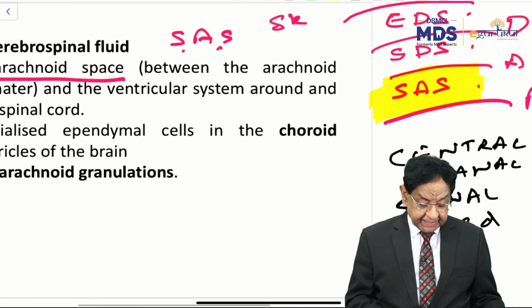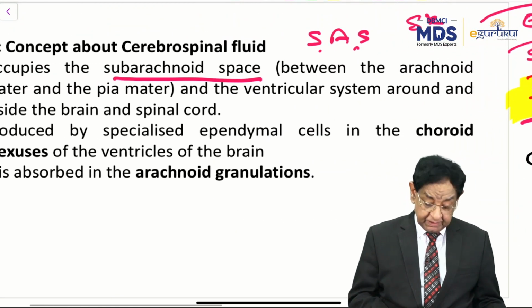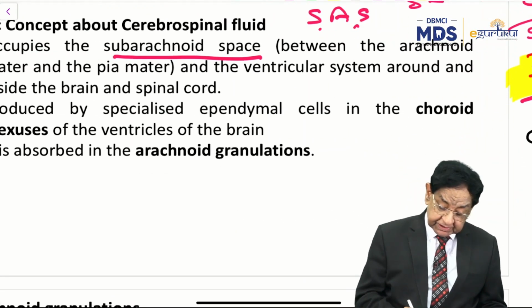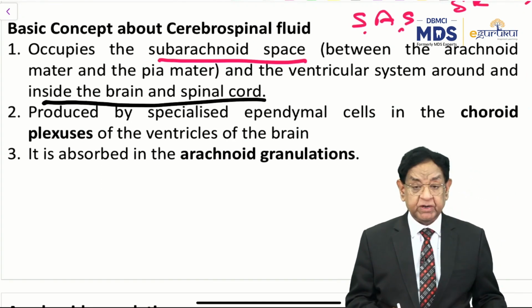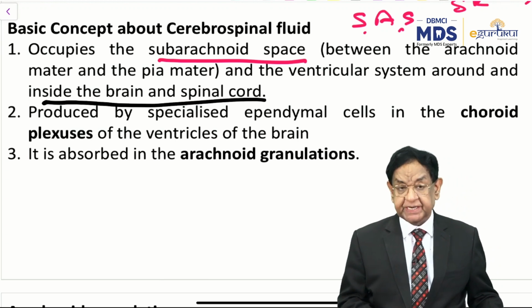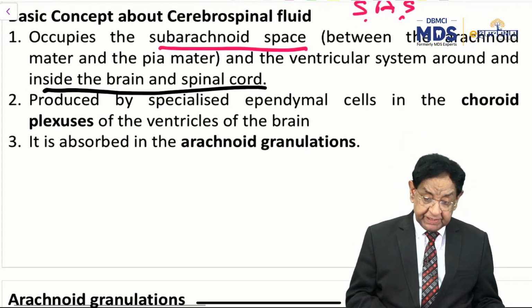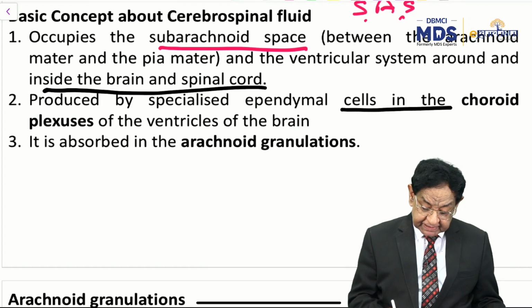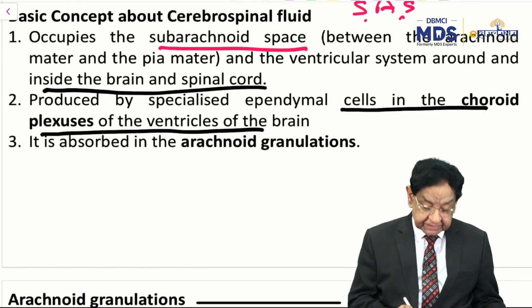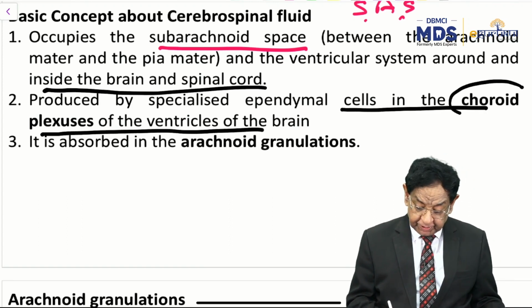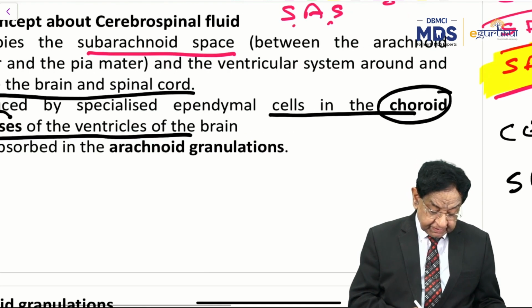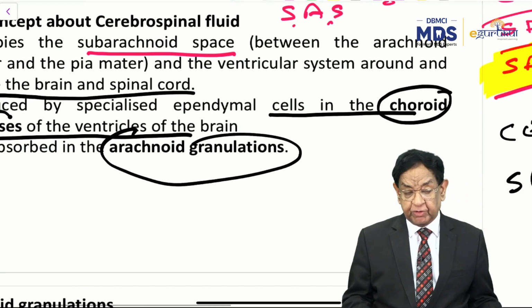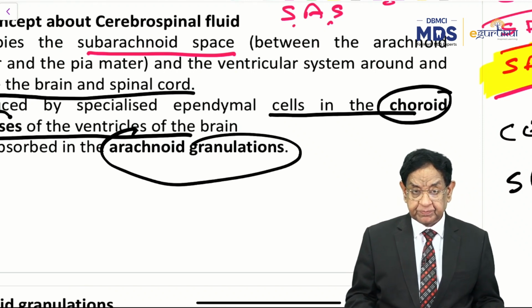So with this basic anatomy, it also lies in the ventricular system inside the brain and the spinal cord, which I told you, central canal. It is produced by ependymal cells in the choroid plexus. This is a very important point, choroid plexus. And it is reabsorbed via arachnoid granulation.